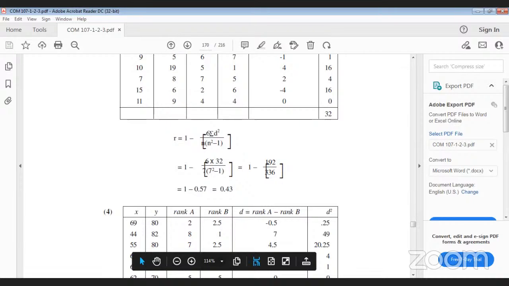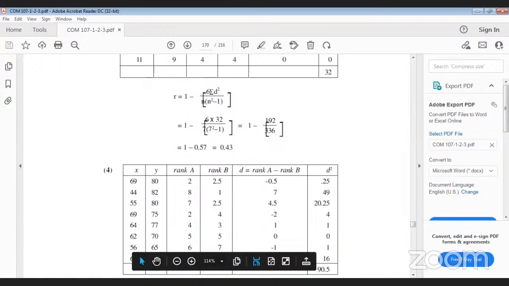Now there is also a fourth question given for you in your book. Also find the ranks given here. For X, the marks given are 69, 40, 44, 55, 69, 64, 62, 56, and 69.